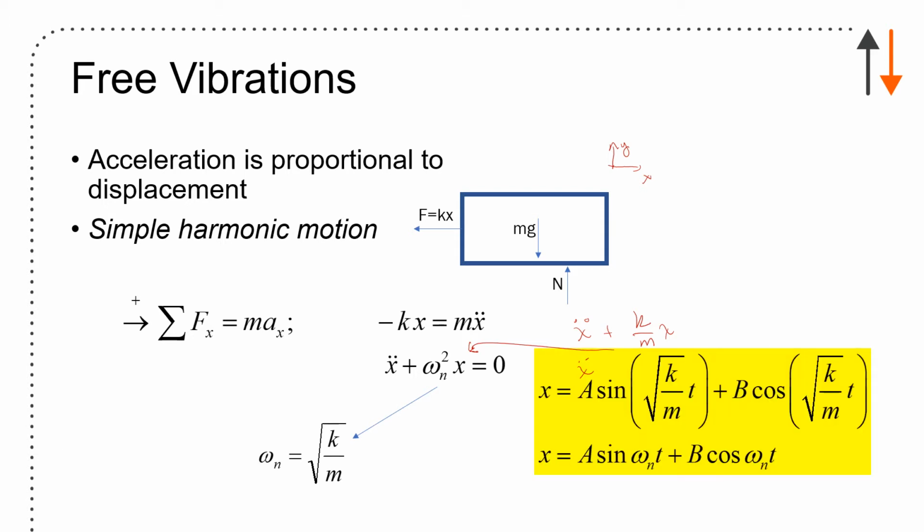And there'll be two possible solutions. x is equal to a sine omega n t plus b cos omega n t here. So great. That's a good solution, and it has the advantage that it will continue indefinitely.